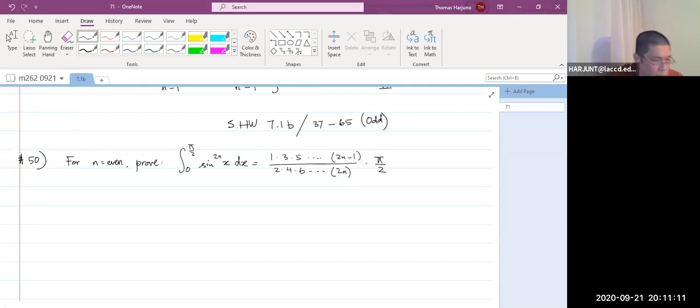The work here actually comes from number 49, where they do power reduction.